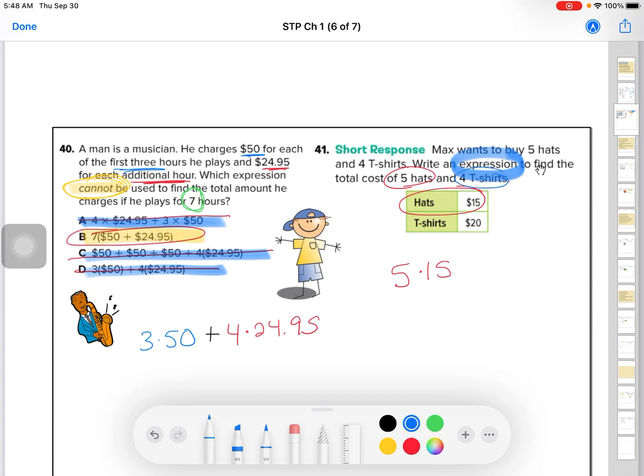And then the 4 t-shirts would be $20 a piece. And to find the total cost, I would add these together. So your expression should look something like this: 5 times 15 plus 4 times 20. We did not have to solve it because it didn't say to evaluate it. It simply just said to write the expression.